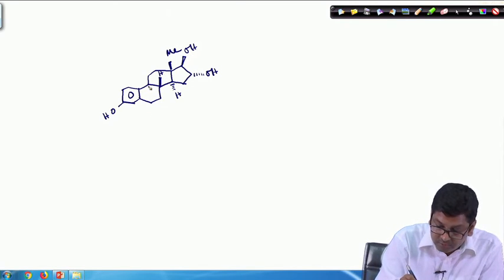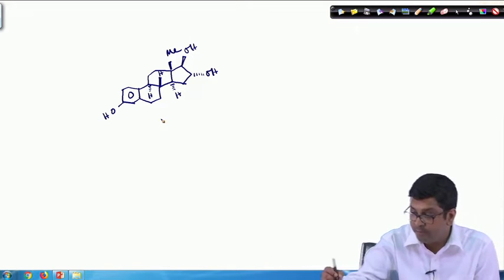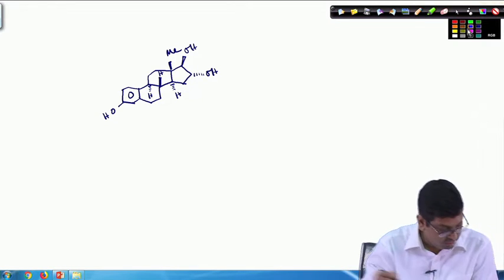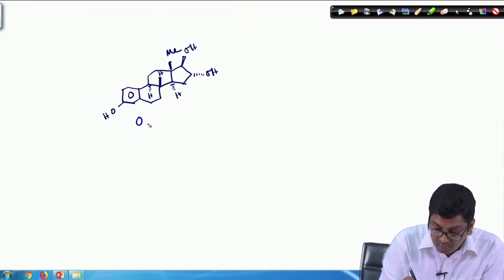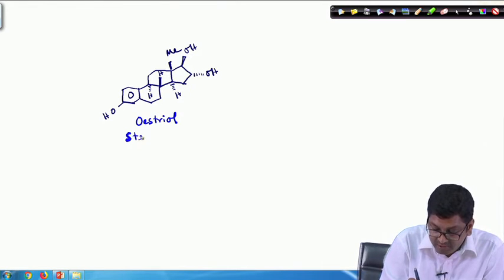Okay. So, this is the corresponding steroid molecule. The name of this molecule is Oestrol, and this is a steroid moiety.